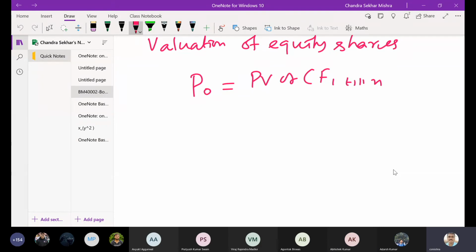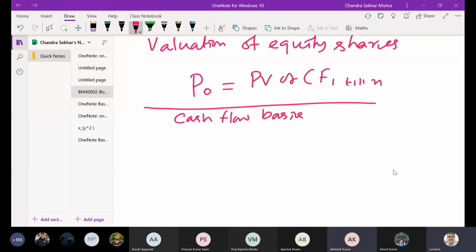So what do you do now? If you are going for a cash flow basis of valuation, you have two approaches. One is called the dividend discount model.